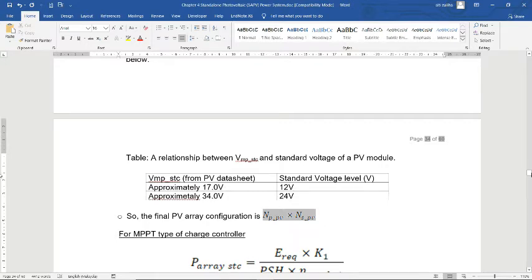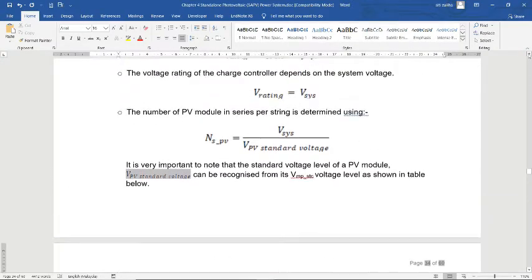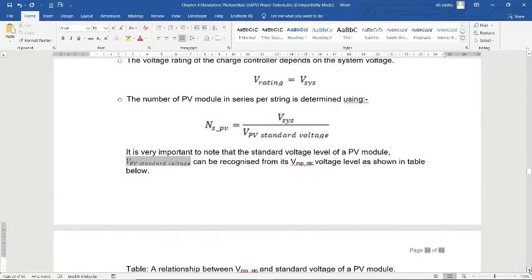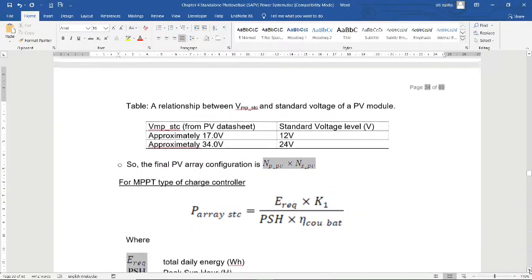So from this value, you can get the value for the NSPV. So you substitute here. So you get number of PV module in series per string, NSPV. So the final PV array configuration is NPPV.